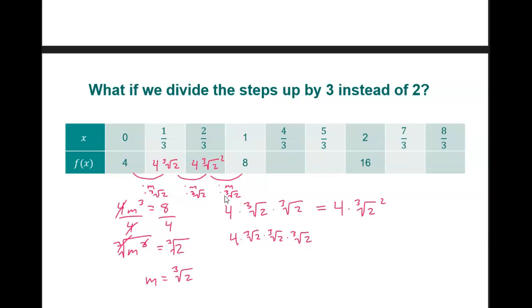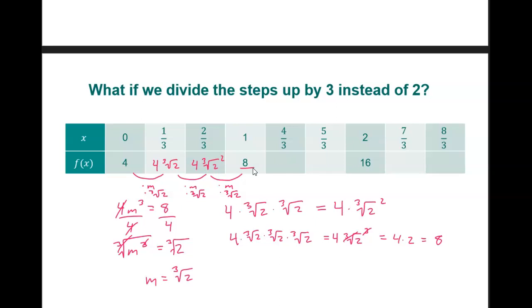Because we multiplied it 3 times, right? Well, since we have it 3 times, that means it's a cube. So it's going to be 4 cube root of 2 cubed. Now the cube root and the cube cancel, and we just get 4 times 2, which is 8.